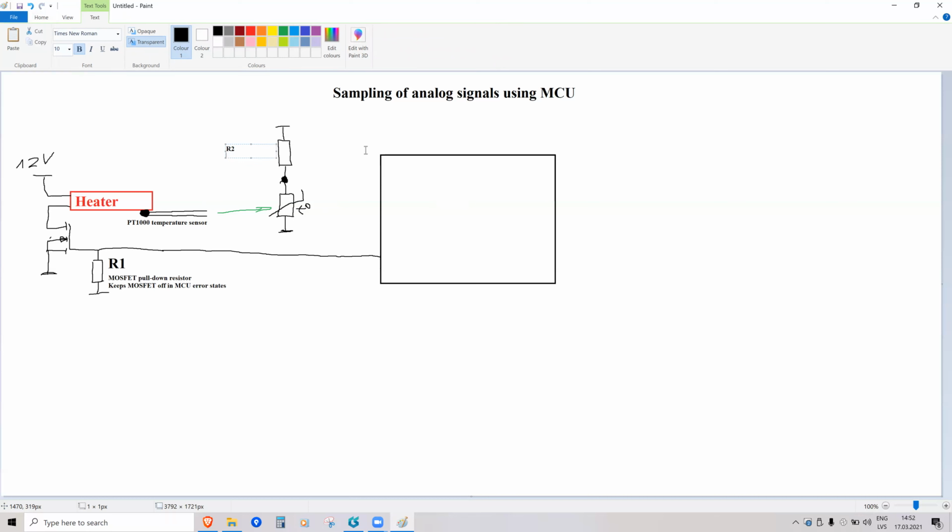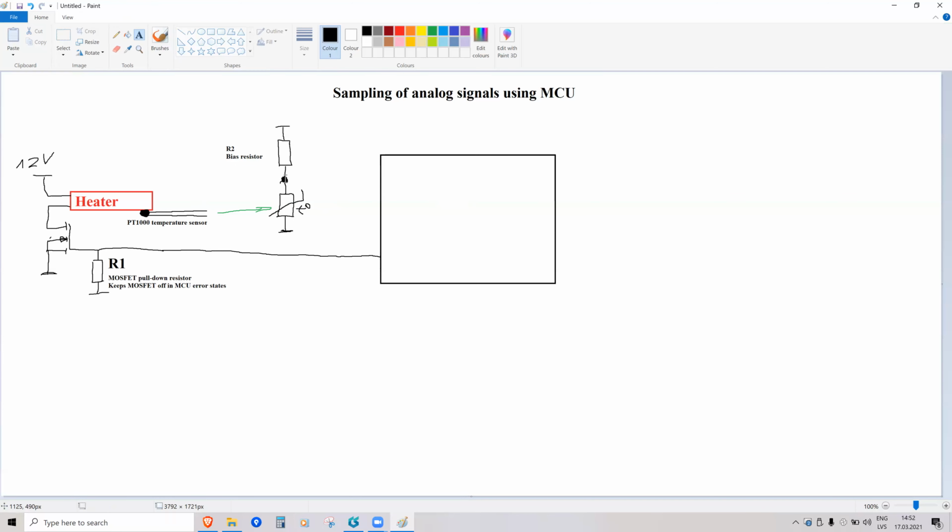It will be R2, it is bias resistor. So, it creates some reference or bias. If we just connected this temperature sensor to power supply, well, it will just always have voltage of 3.3 volts, for example, if we're using 3.3 volts.